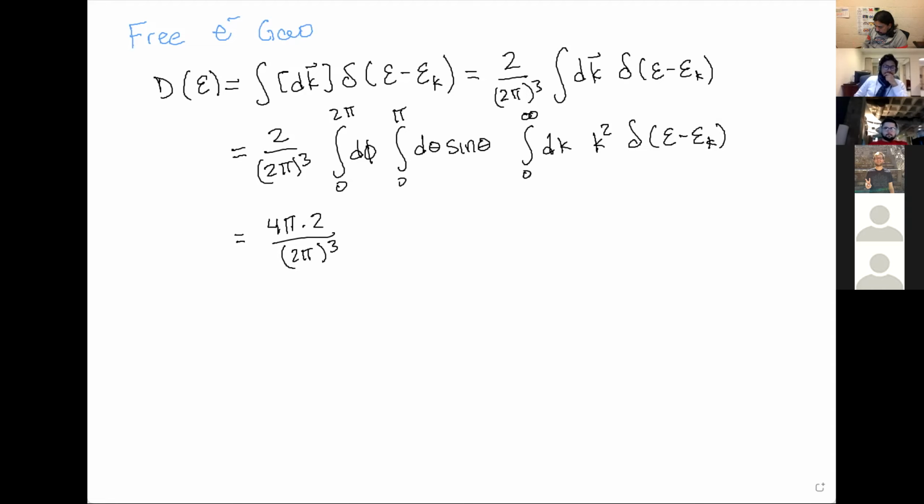So this is what I'm gonna do. I know that this guy, right, is actually h bar squared k squared over 2m. So what that means is that k squared is equal to what? 2m times the energy, whatever the quantity energy is, divided by h bar squared.